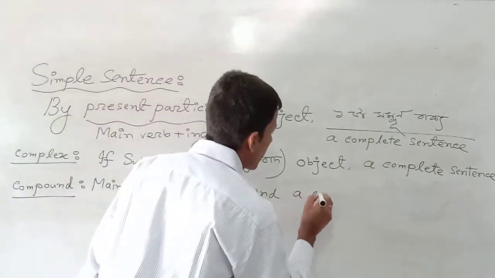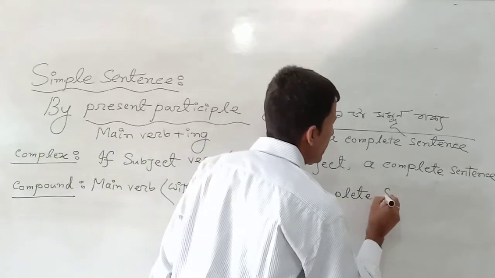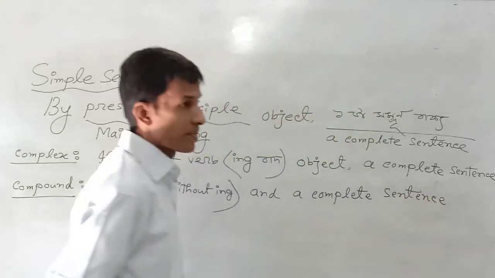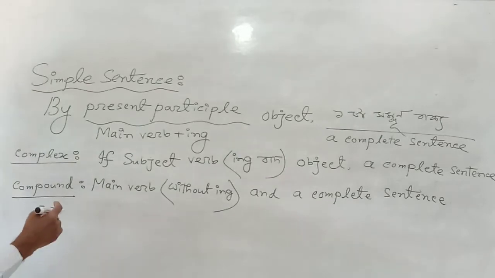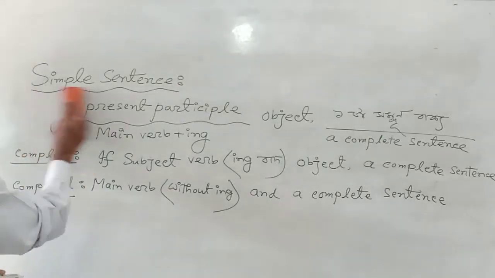Then a complete sentence. This is our structure, in what way we will be able to transfer the simple sentence into complex and compound form. Now I am going to illustrate the example from this structure.